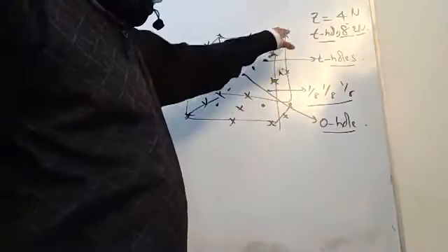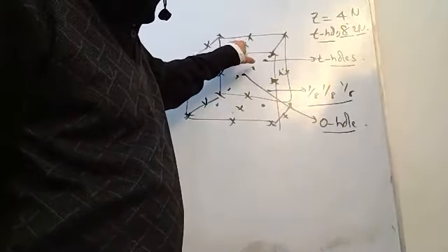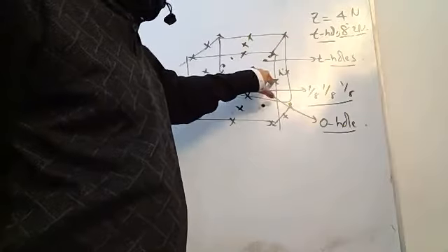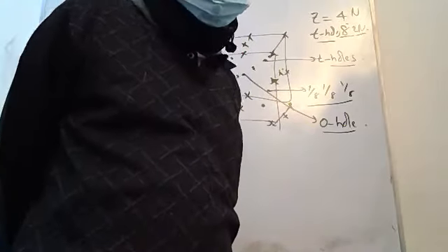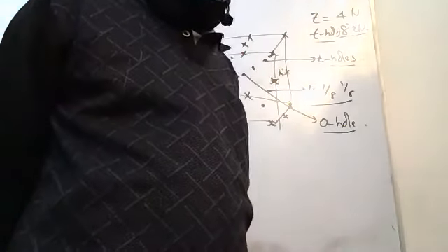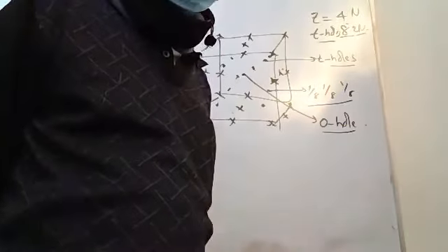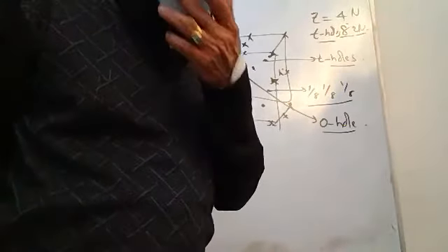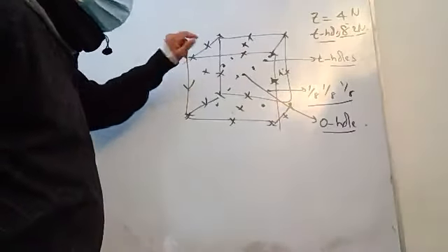We know if it stays in the corner, it contributes 1/8. If it stays on the face, it contributes 1/2. If it stays on the edge, what would be its contribution? One-fourth. John, you're absolutely correct. That's 1/4.